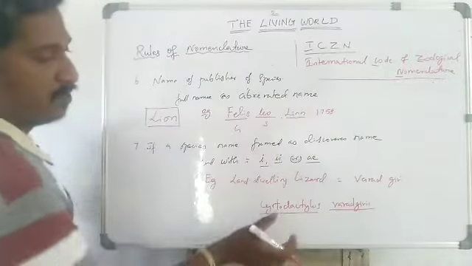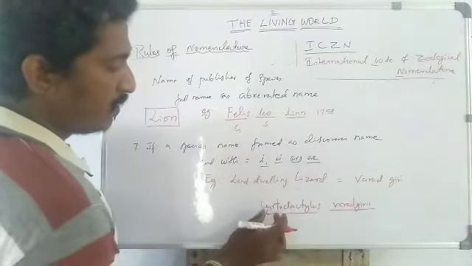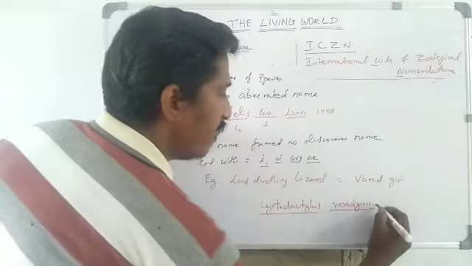So his name was used for that species. The scientific name is Cyrtodactylus vardagiri. This is the scientific name of the land dwelling lizard discovered by Vardagiri.